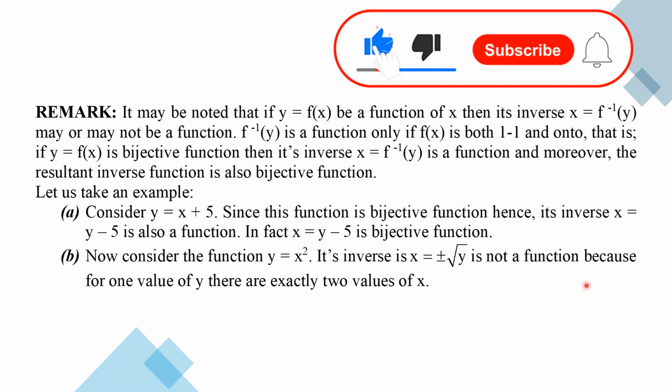It is not a function, because for one value of y there are exactly two values of x. So different elements have the same image, so it is not injective. That's why it is not bijective, so the inverse of that function is not a function.